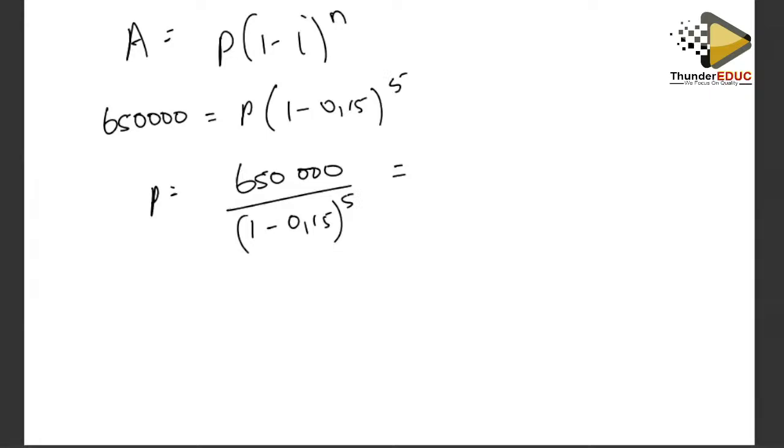Okay, so the answer you get here, remember it needs to be more than the 650,000, because it just decreased to this much.